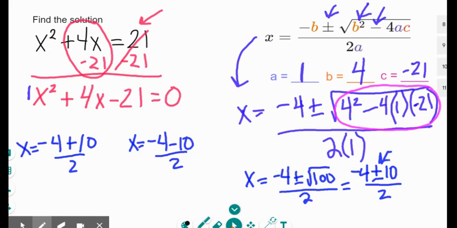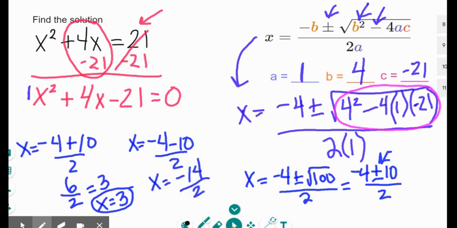Negative 4 plus 10 is 6 over 2, so that equals 3. And so my first answer is x equals 3. And my other answer, I have negative 4 minus 10. So that's x equals negative 14 over 2, which is negative 7. So my two answers are 3 and negative 7.